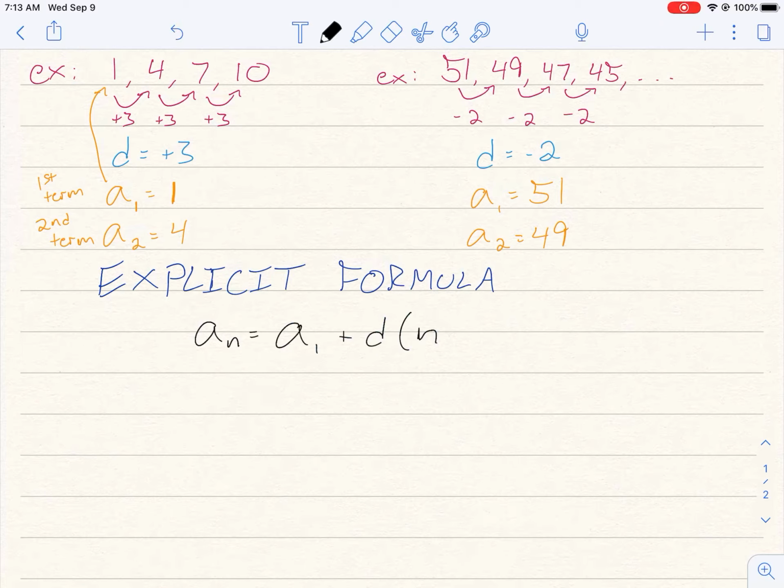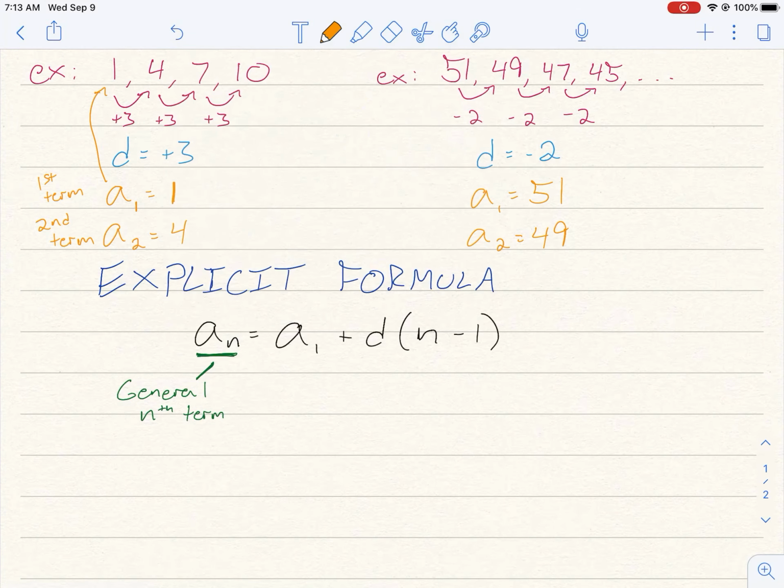Now, right now, this probably looks confusing, but let's define these different parts here. A sub n, this is the general nth term. So I could say, find me the 50th term in this sequence. So you might be able to piece together the formula and then say, okay, I could find this by doing blah, blah, blah.